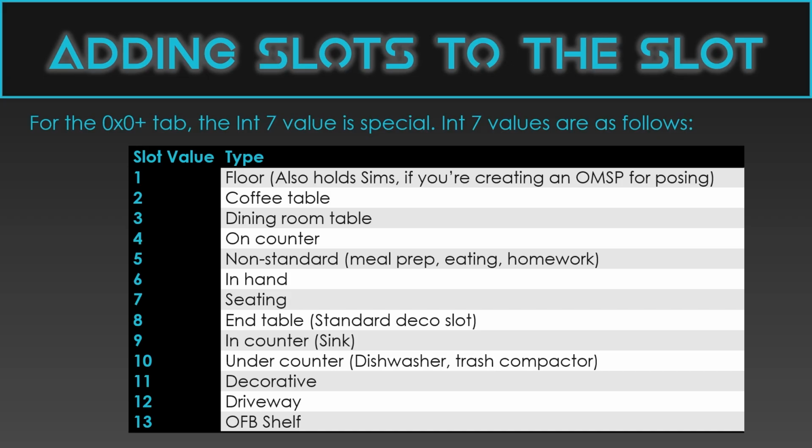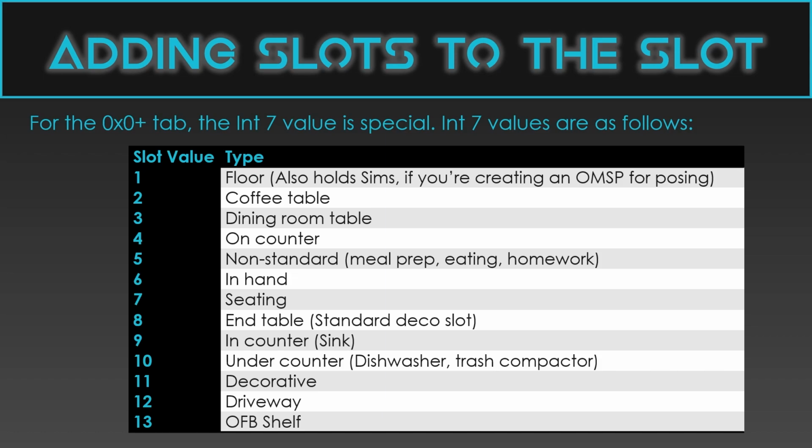And then the int7 value, this one is a little bit difficult to explain. This is the one that tells us what type of slot it is. If you look at the table, for example, if you're creating a posing slot for Sims like an OMSP, the int7 value is 1. 2 is coffee table, 3 is dining room, 4 is counter, 5 is meal prep, 6 is in the Sim's hand, 7 is seating, 8 is end table, or this is just the standard shorthand slot that we use when we're creating just a random deco slot.